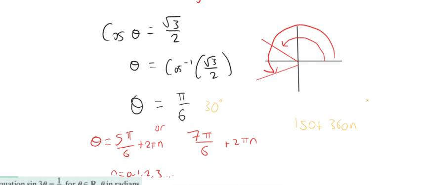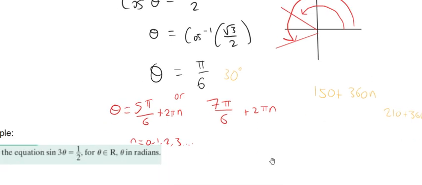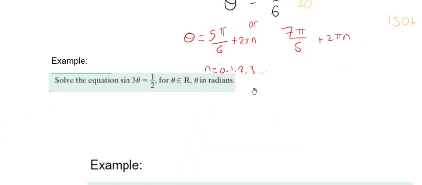Then our other one would be the 7 pi over 6 one, which is 210, so that would be 210 plus 360 n. I'm just showing you what the solutions would be in degree mode, because you can be asked to work those out as well.